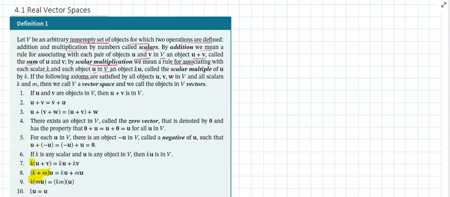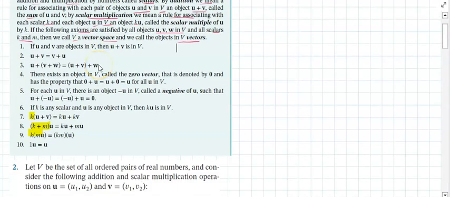If the following axioms are satisfied by all objects U, V, W, these are vectors in V, and K and M are scalars in real, we're talking about real for now, then we call V a vector space, and we call the objects in V vectors. Now, this is a lot to remember.